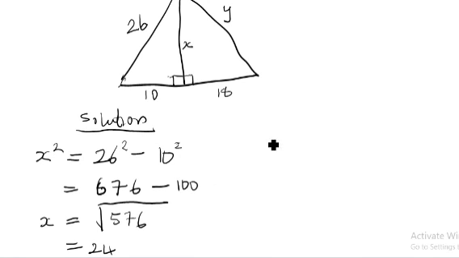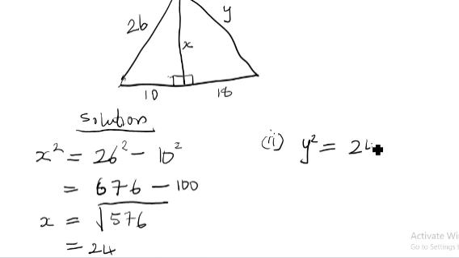And then for the y part, here we now have x, and we have 18, so we can use it to find y. We have found x, so we use y squared, which is the hypotenuse squared, equal to x, which is now 24.